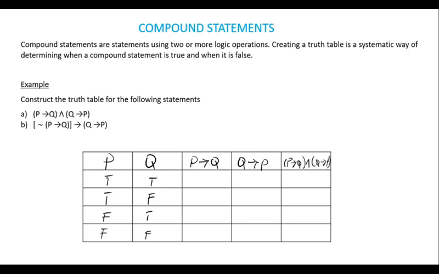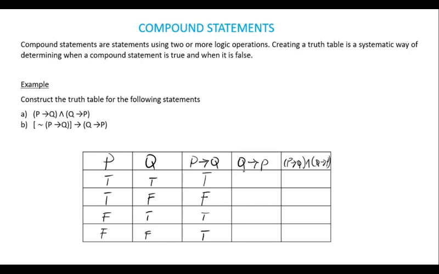So for the first part, true, true is a true statement. True, false is a false statement because it's an implication, and it is only false when the starting operation is true and then the ending is false. Now, false, true is true, and then false, false is also true for implication.